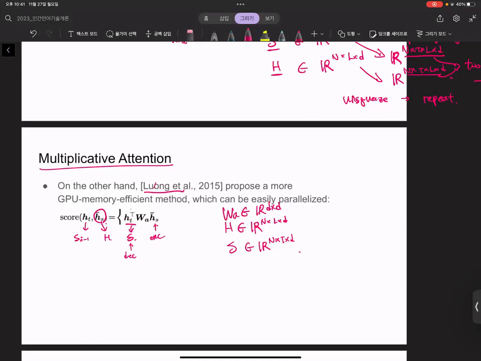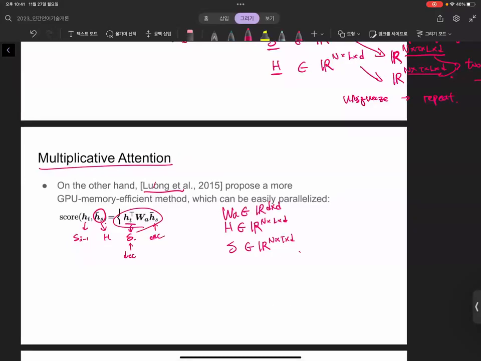So we want to compute this. S transpose, we want to omit the batch dimension. So this is m by d by t.